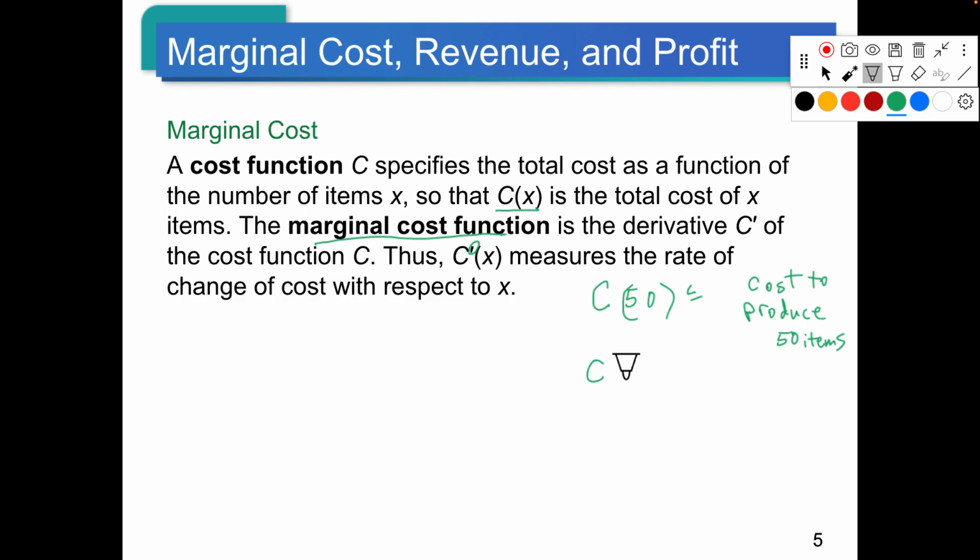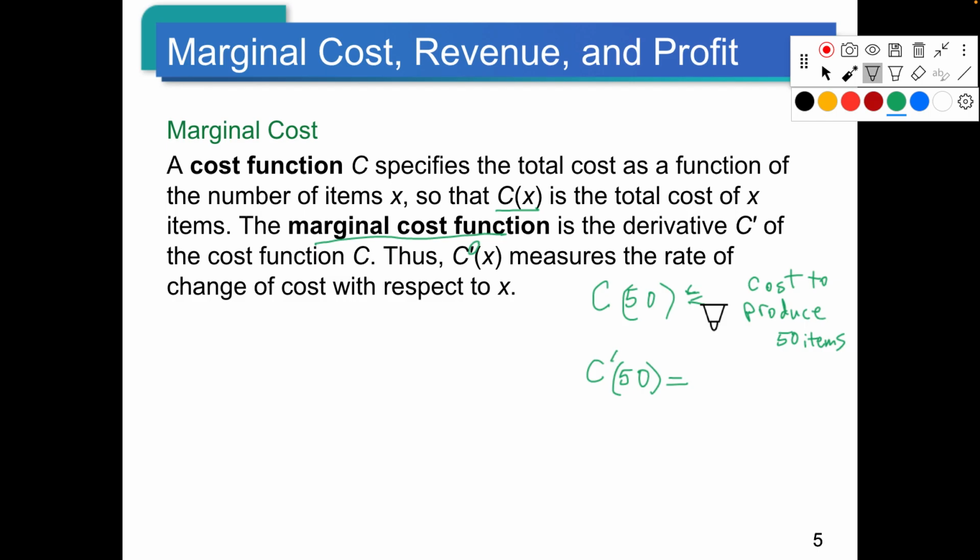But what does C prime of 50 give us, represent? You notice it's just a little different, a little prime. What is that going to give us? It's the cost of producing a single item. Yes, so the additional cost, we'll write that down. The additional cost to produce the 51st item.